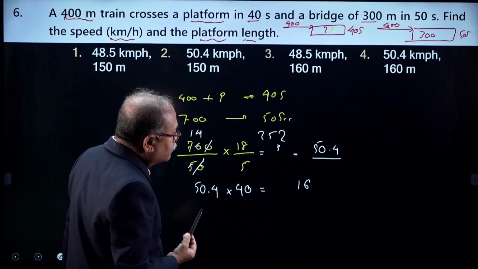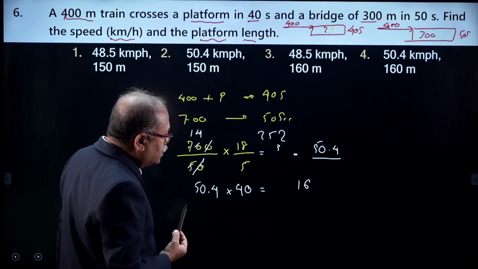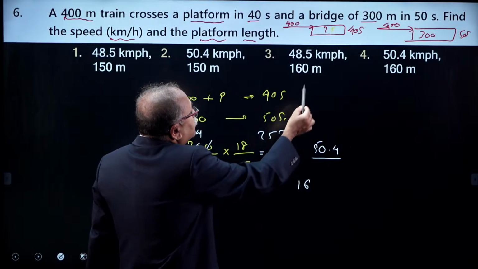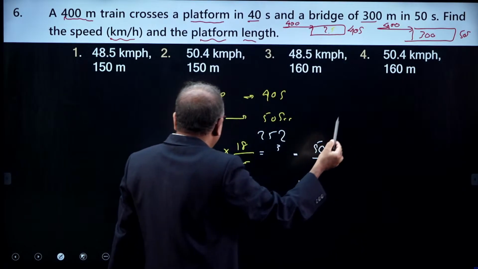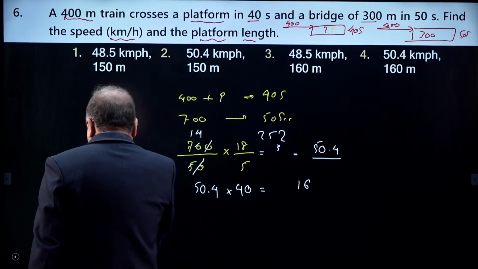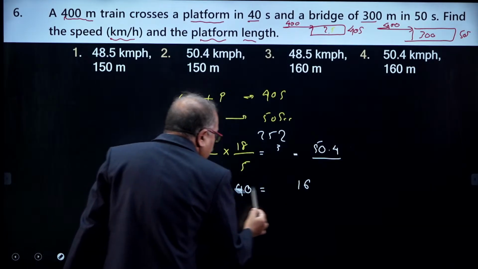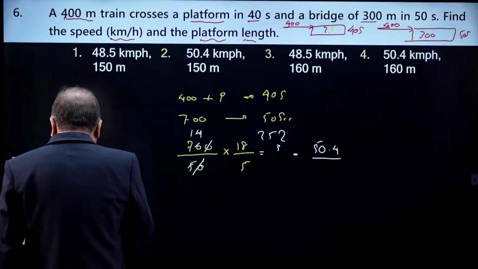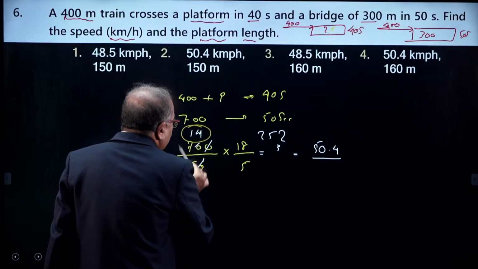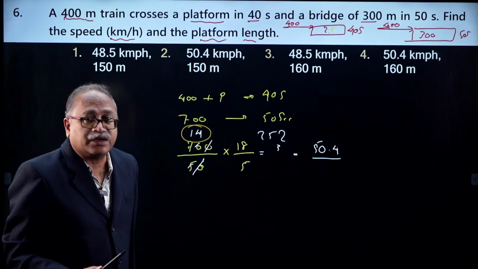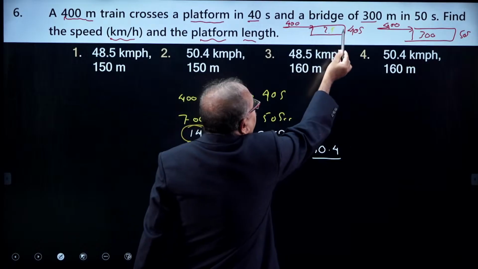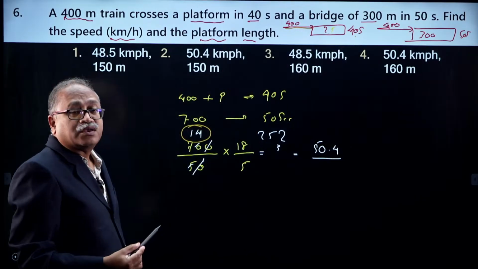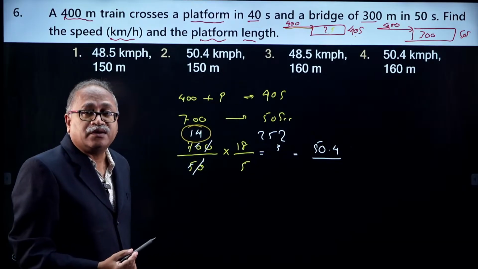The total distance it covers in 40 seconds, and the speed is 14. Okay, I made a mistake over here. I was taking the speed as 50.4. No, I need to take the speed as 14 meter per second, and it crossed the entire train and platform in 40 seconds. So, the speed is 14 meter per second.